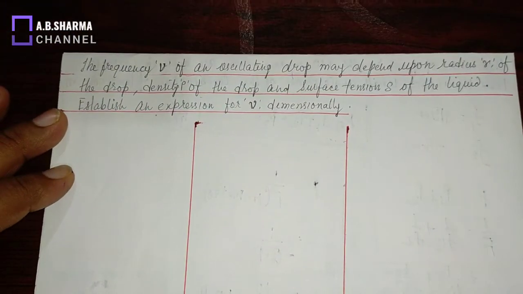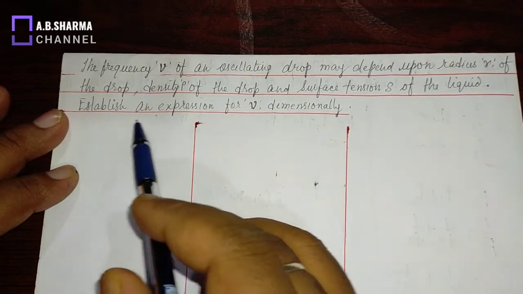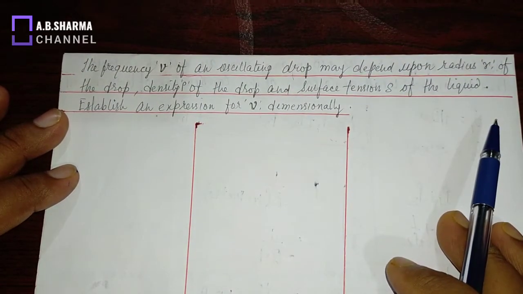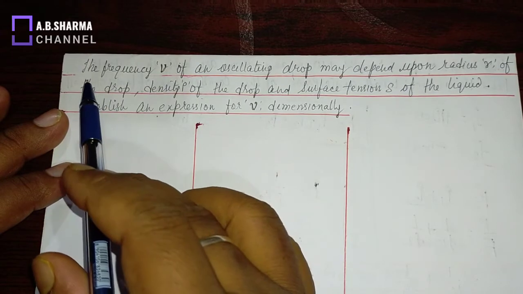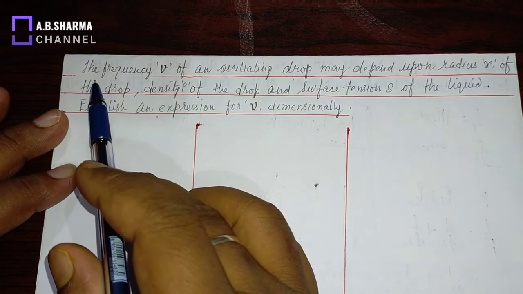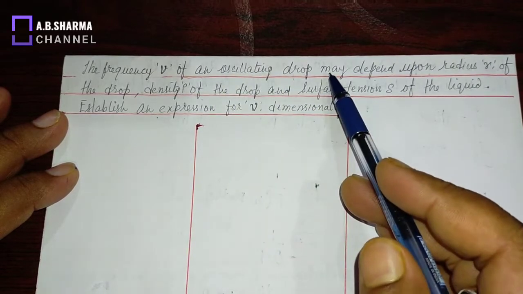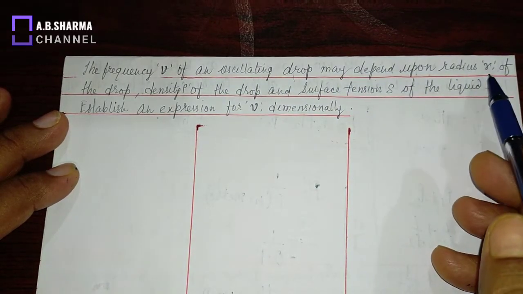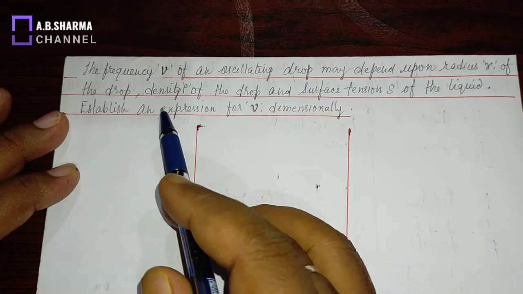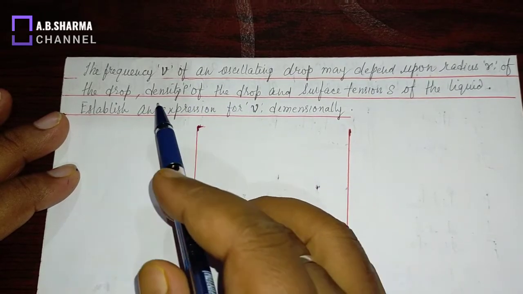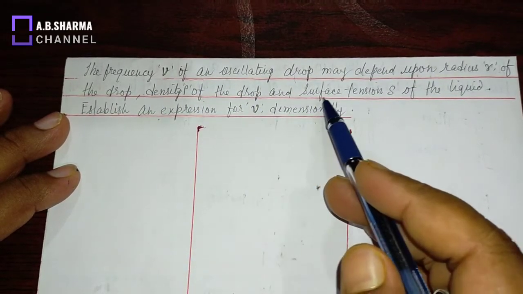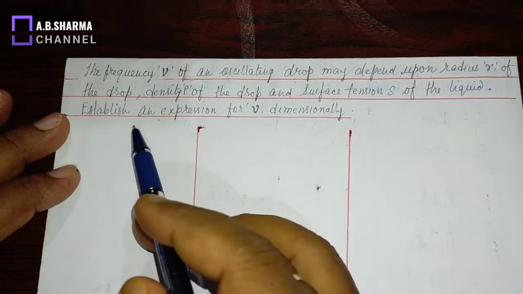The next question is from dimensional analysis, the application of dimensional equations. The frequency nu of an oscillating drop may depend upon the radius r of the drop, density rho of the drop, and surface tension S of the liquid.